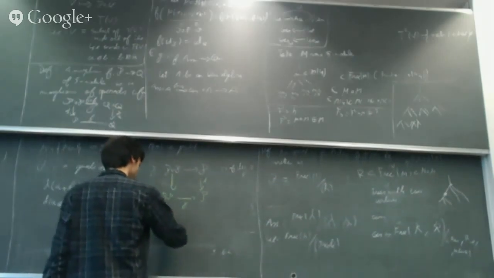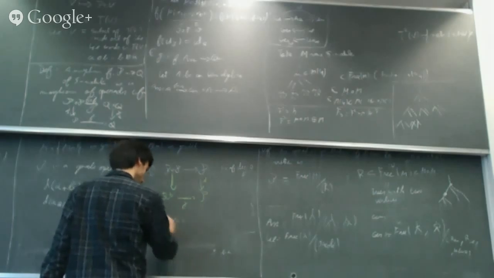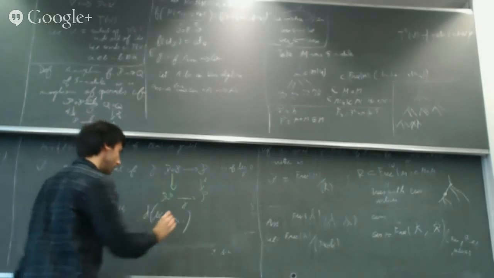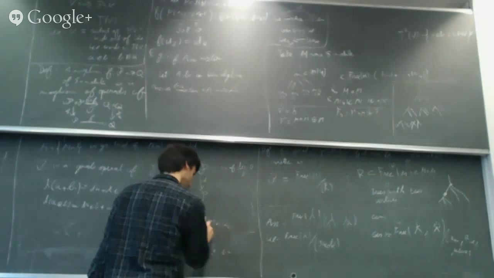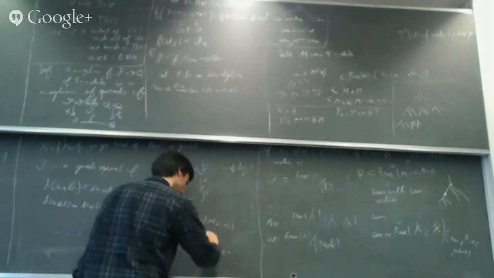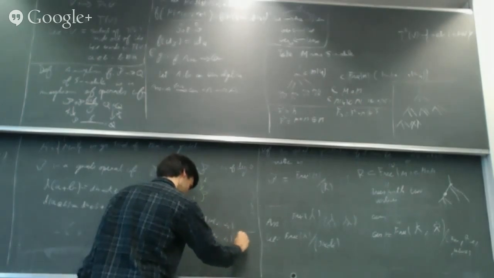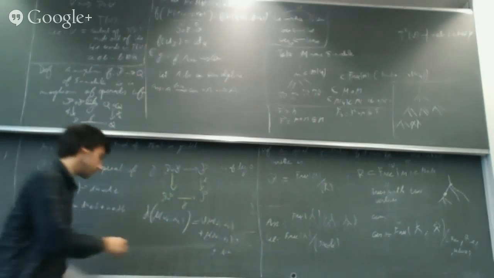If you take some composition mu of say alpha 1, alpha 2, you want the derivative of this whole thing to be, so one term should be this, you should also have mu of d alpha 1, alpha 2, and then the other term. So this is what we get.